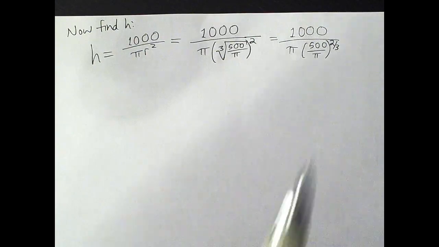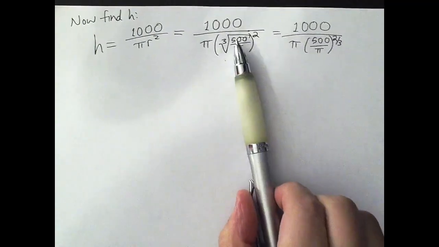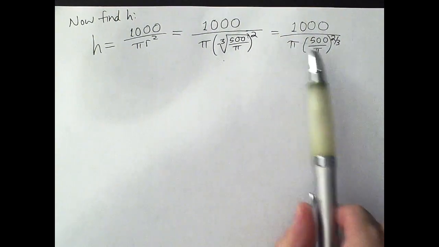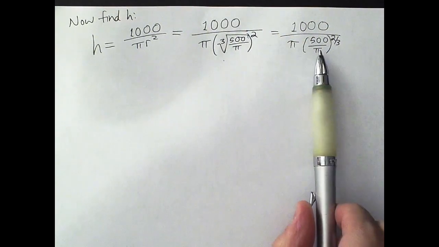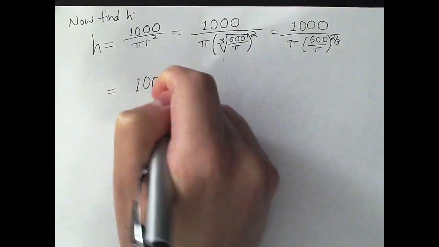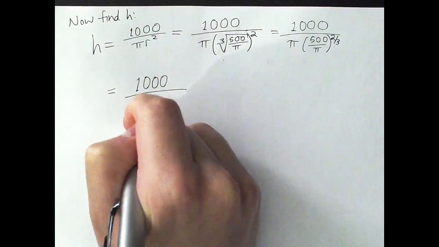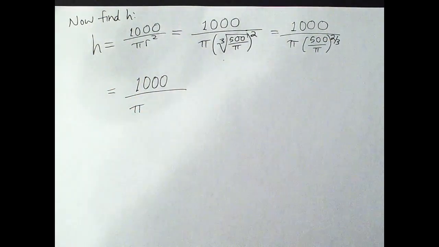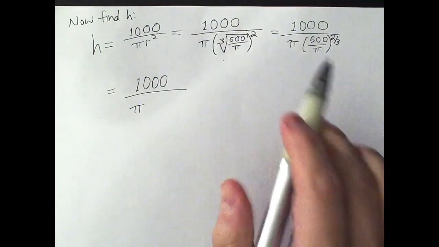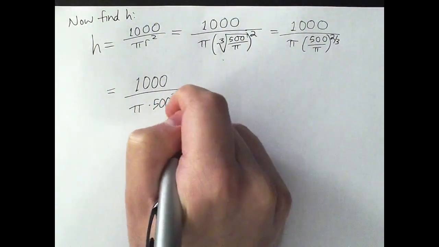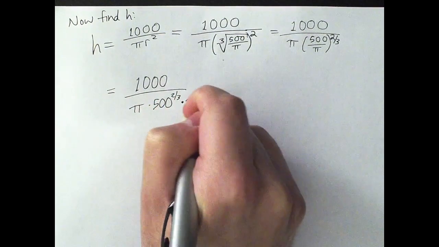Now that I'm looking at it this way, I see a pi and a pi, and I'm thinking maybe we can't just cross those out, but maybe there's something that we could do with them. So here's an idea. The numerator is 1,000. The denominator is pi times. When you raise a fraction to a power, you can do that to the numerator and to the denominator, right? So we could write this as 500 to the 2/3 times pi to the negative 2/3.